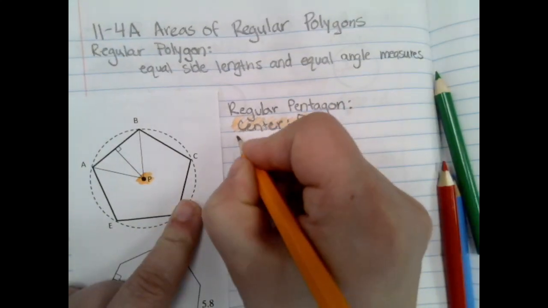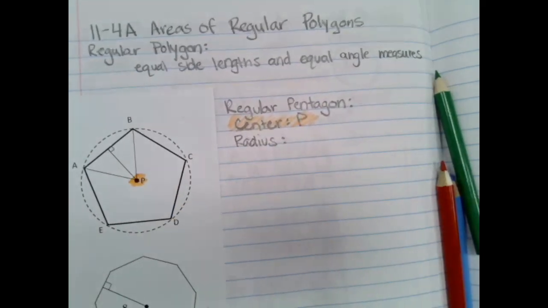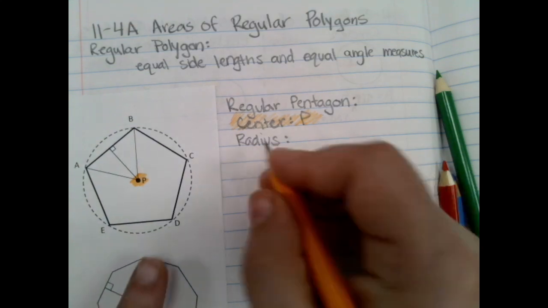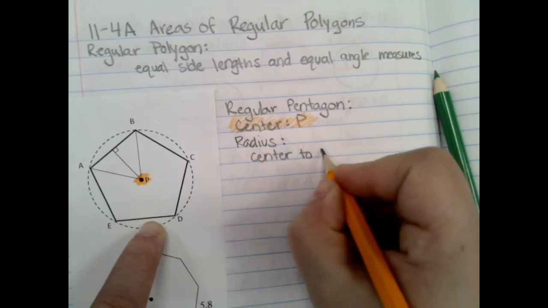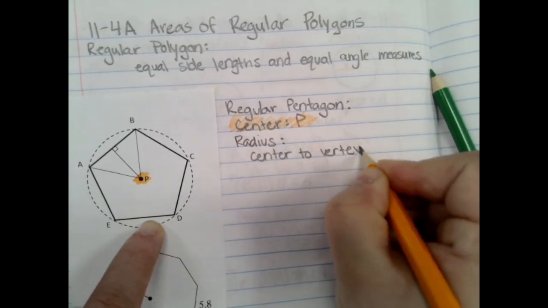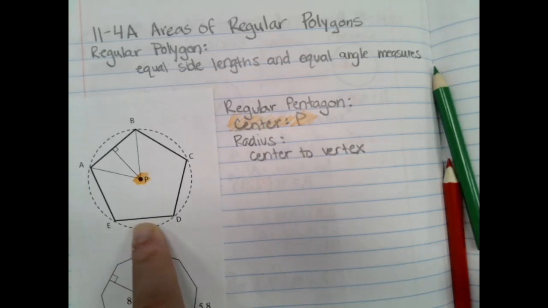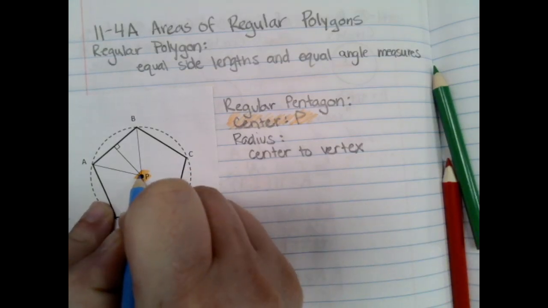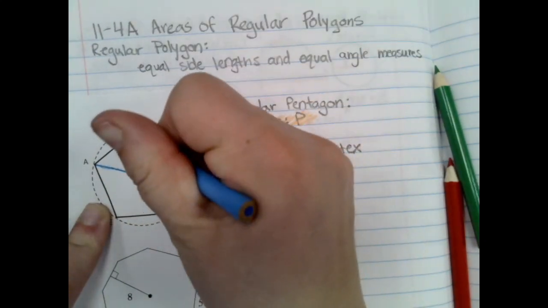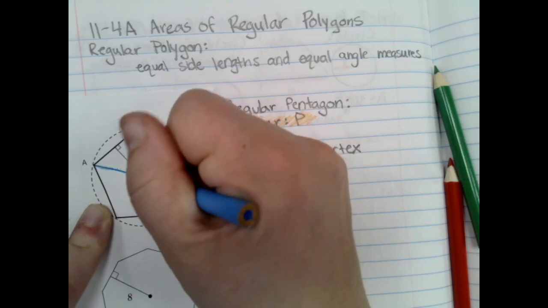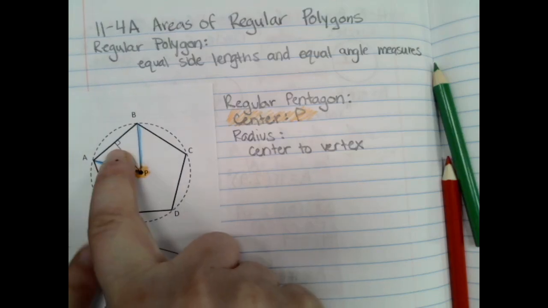Alright, radius. Just like a circle, we have a radius in polygons. A radius connects the center to the vertex. So our center to the vertex would be PA or PB. And the reason why those are radii is because it goes to the vertex, and if you look at the circle, it goes to the vertices, not the sides.